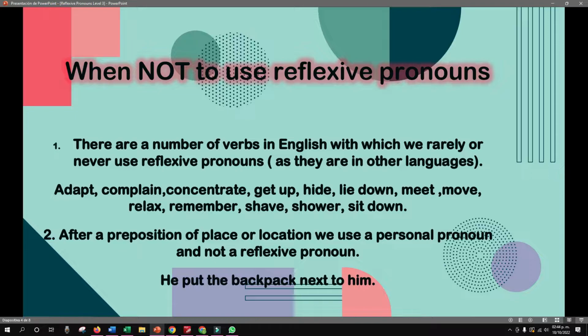Vean, él puso su mochila a la par de él. Acá no podemos utilizar next to himself, right? No. So, because we have here, look, vean, esta es la preposición, ¿verdad? Next to. We can have under, between, in front of, in, on, right? So, in that case, we are not going to use a reflexive pronoun, right?